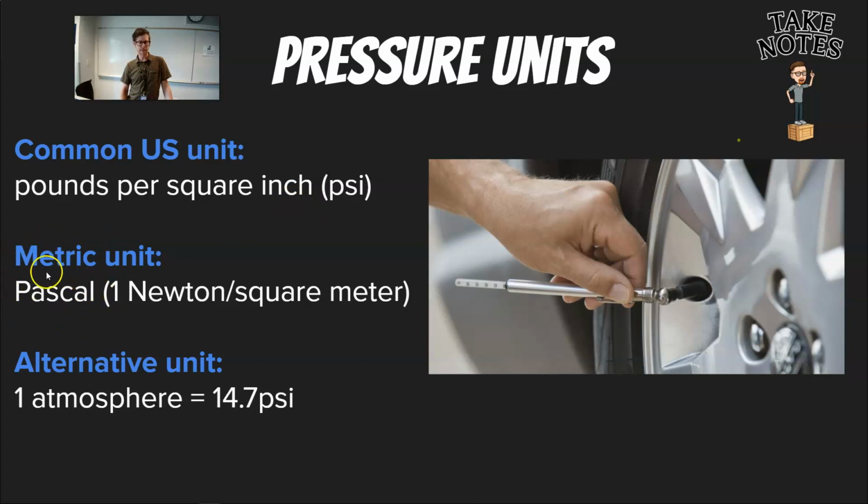In the metric system, the official unit for pressure is the Pascal, and a Pascal is 1 Newton of force per 1 square meter of area. There's also an alternative unit that we may come across multiple times, which is called an atmosphere. An atmosphere is literally the amount of pressure that the atmosphere has at sea level on Earth.